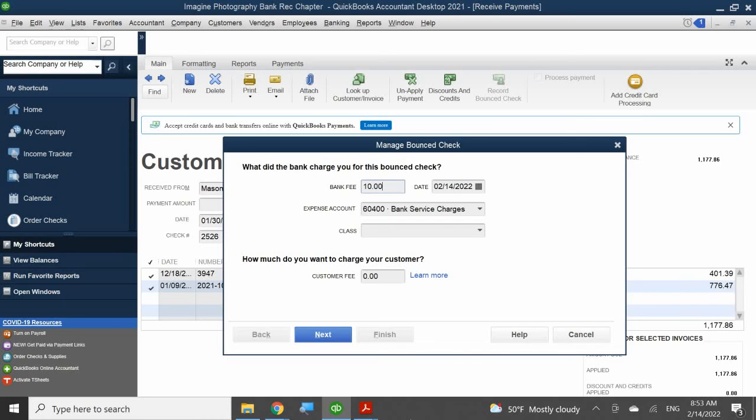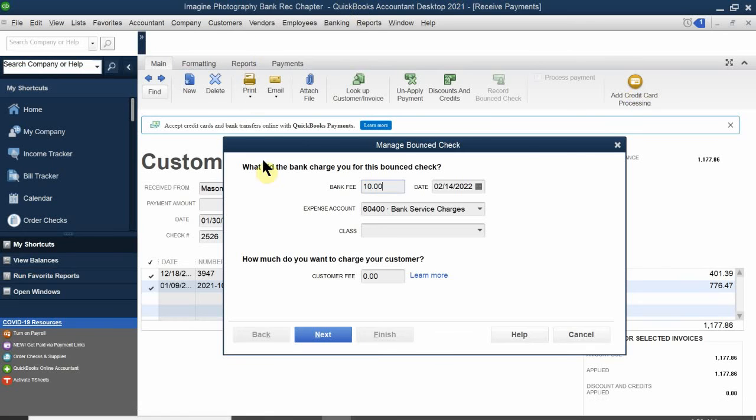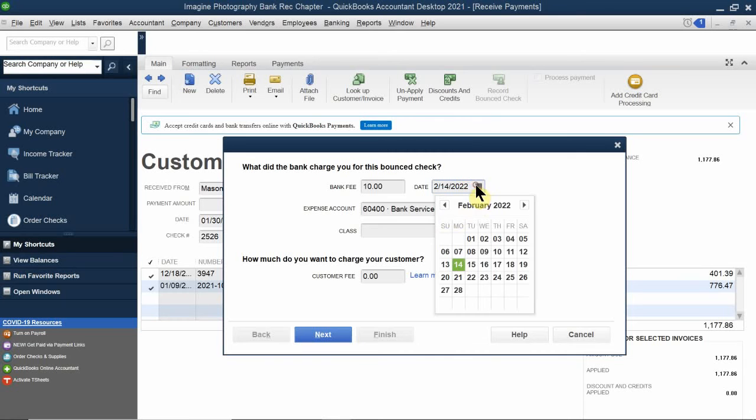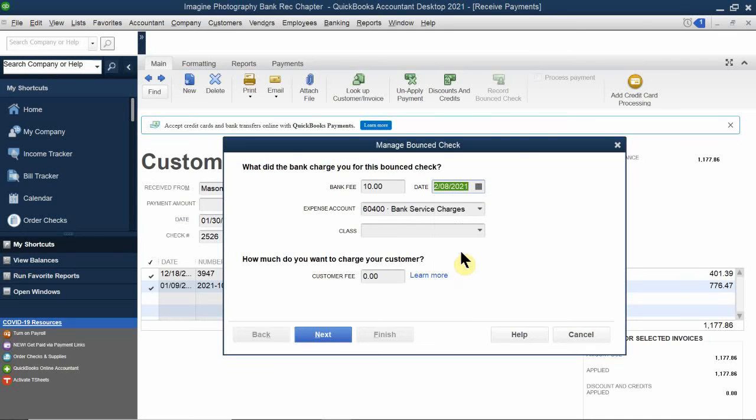The bank charged you on the 8th of February. Okay, the 8th of February 2021.